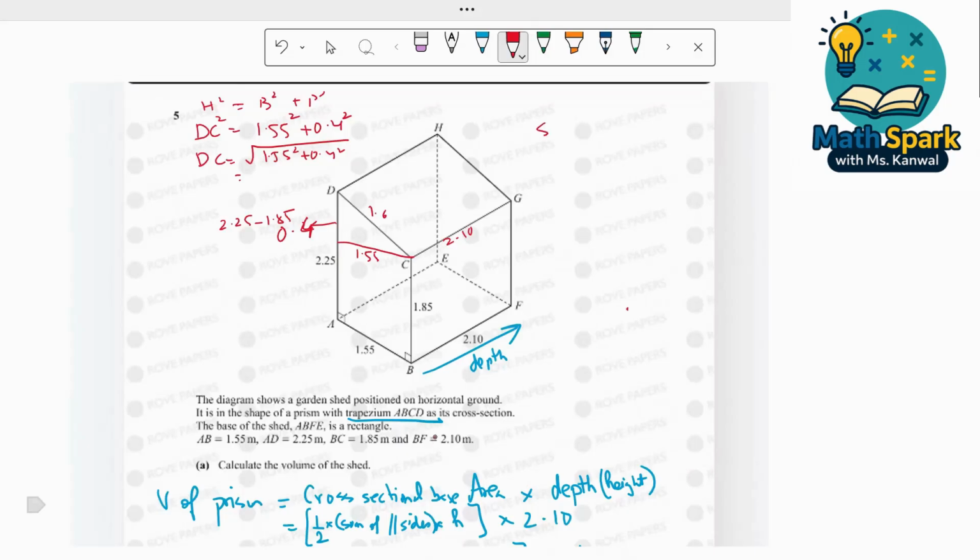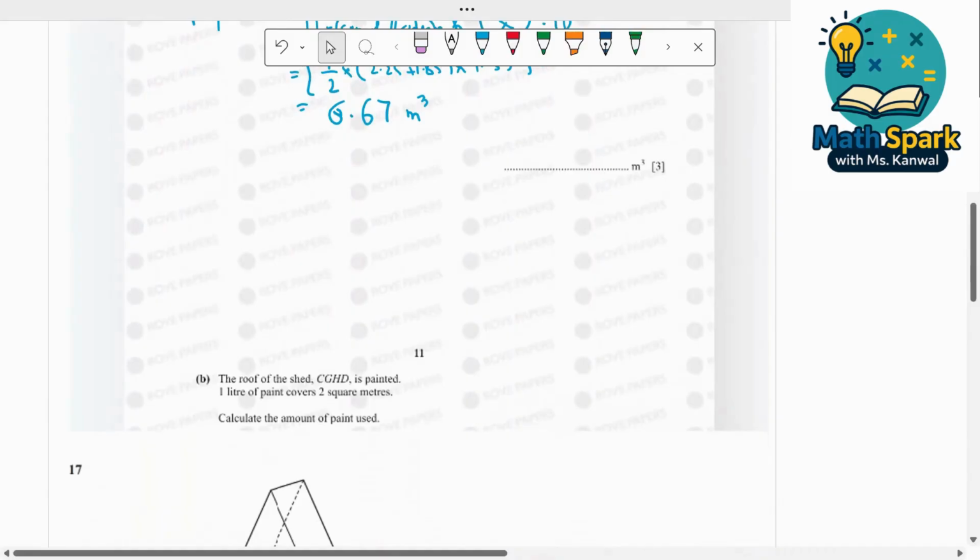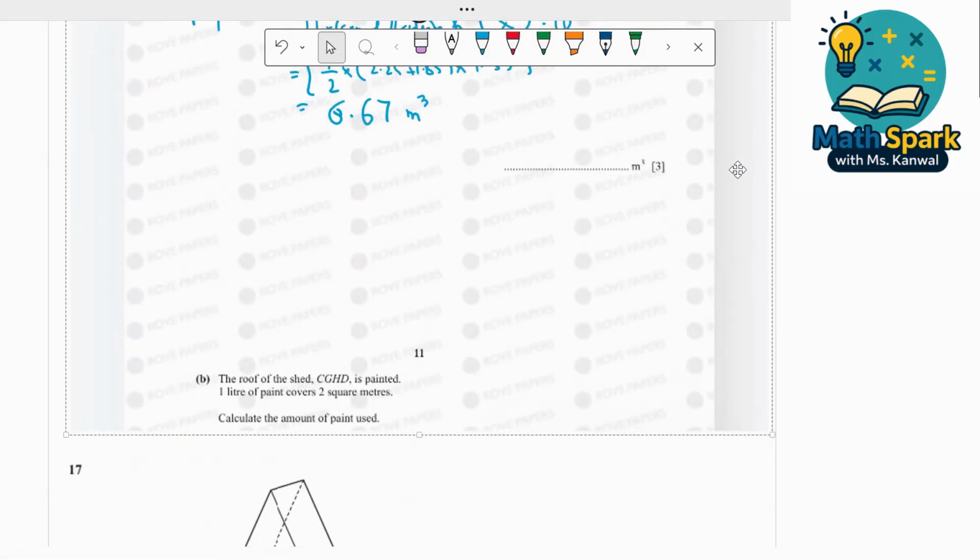So the surface area of the parallelogram top will be 2.10 multiplied by 1.6. 3.36 is the area of the top shade. Now they have given us a conversion also, that 1 liter of paint covers 2 square meters.